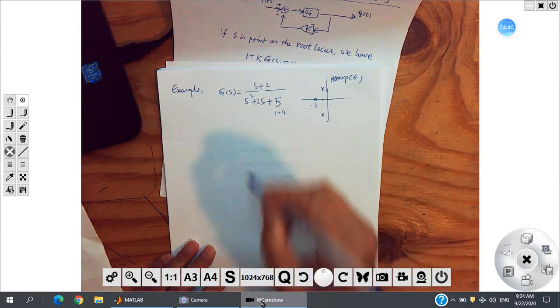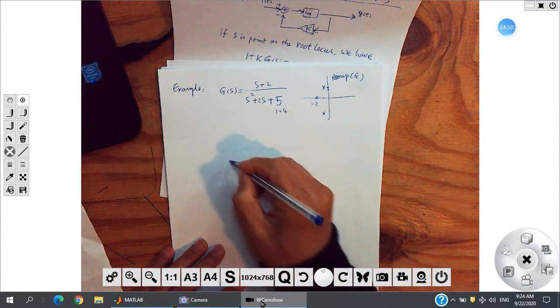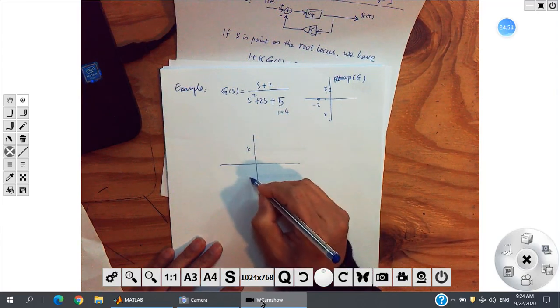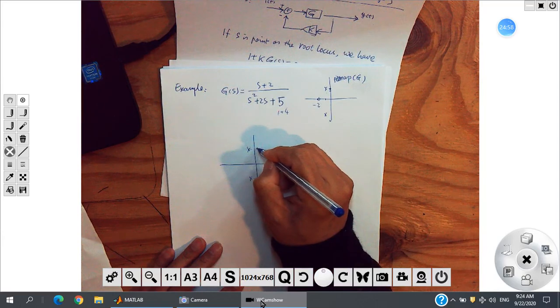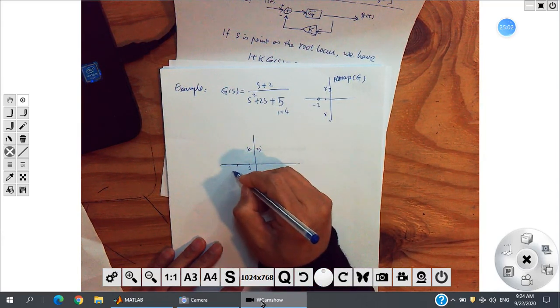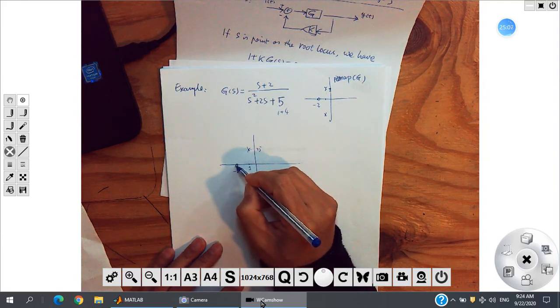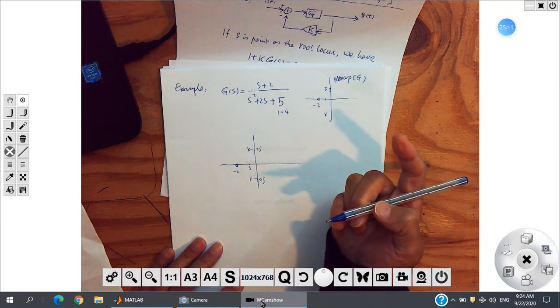Then the root locus. What is the root locus of this? It will start from these two crosses, at negative 2j and positive 2j, and here's the zero at negative 2. One end goes to the zero, and the other end will go to infinity, right?